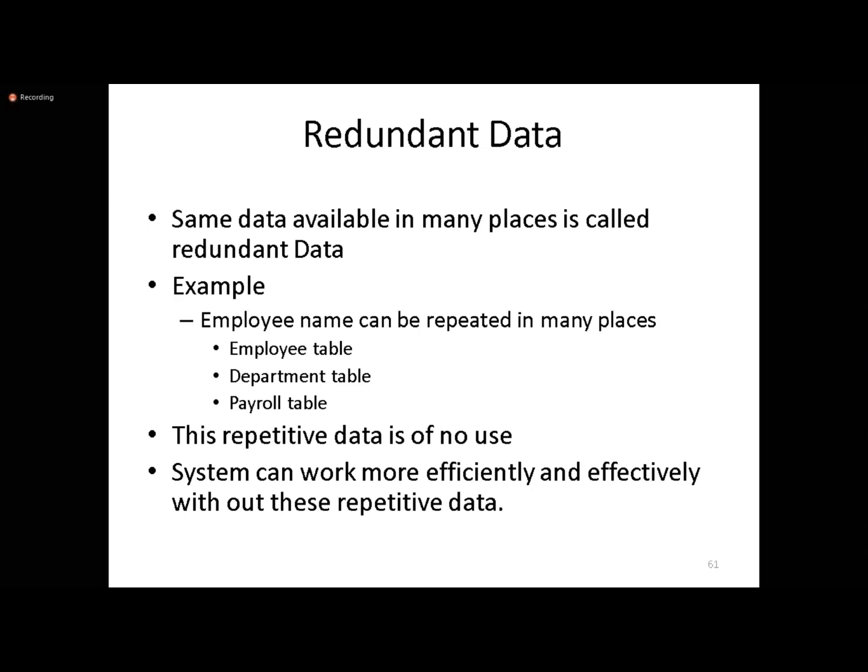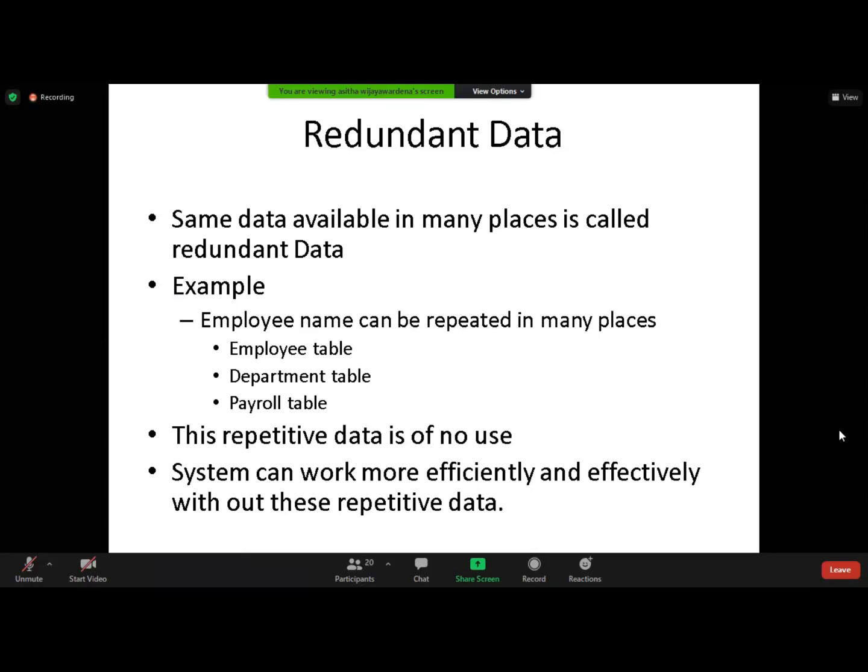This is repetitive data and is of no use. In systems, if you take the transactions for a month, it can be millions. Then if you duplicate your name in two different places, then you have to multiply by the number of transactions. It will be a very big problem then.